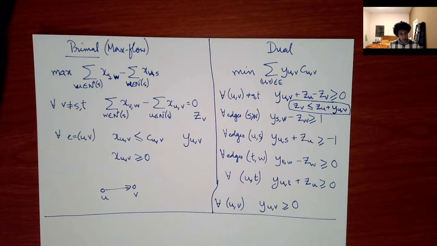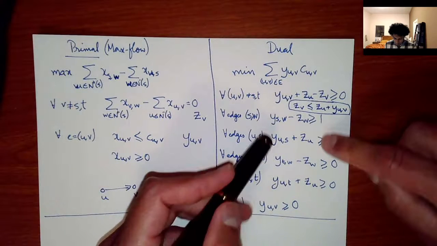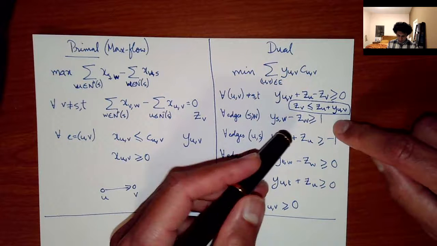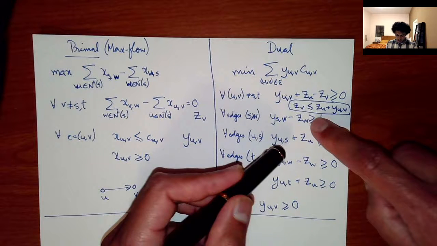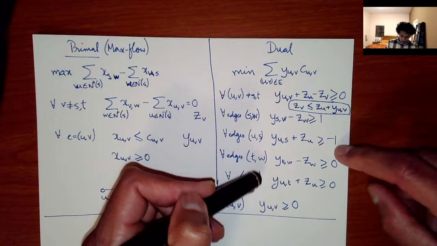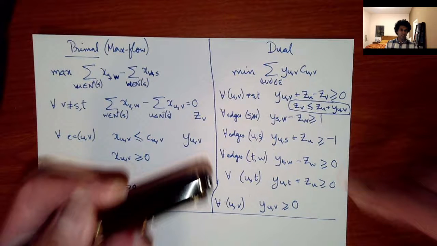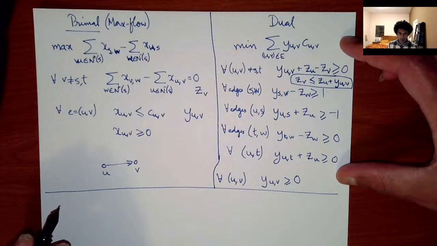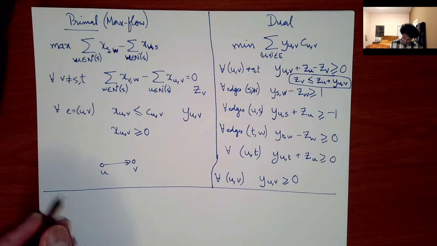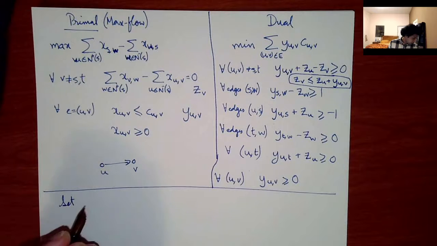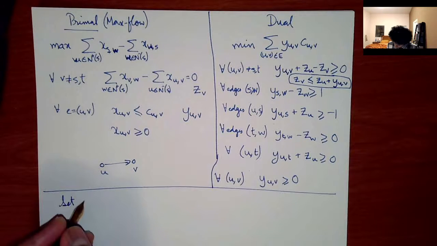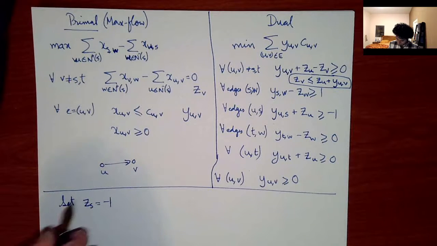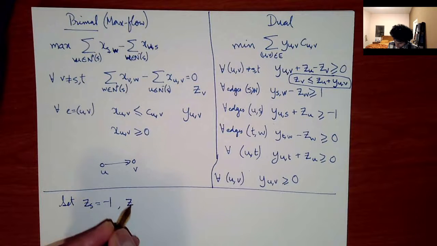It's a path constraint. And now you can say, but what about these? Well, in some sense, it's just saying that the Z corresponding to S and the Z corresponding to T is like a fixed quantity. So I'm going to simplify this program by basically setting ZS to be -1, ZT to be 0.